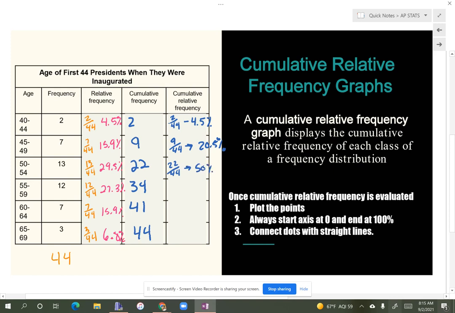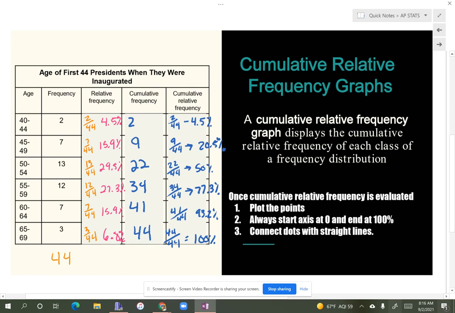We continue this process, and when we're done, we should end up at 100. So we get 77.3%, 41 out of 44 is 93.2%, and then 44 out of 44 is 100. At any time, feel free to pause the video if you want to crank this out yourself or work through it to check my math.